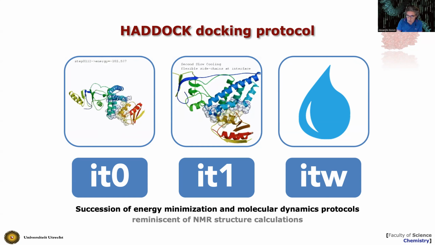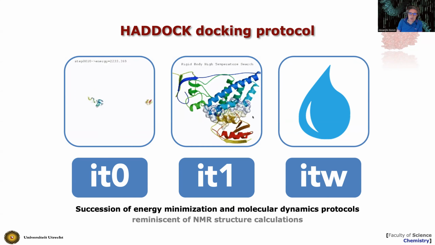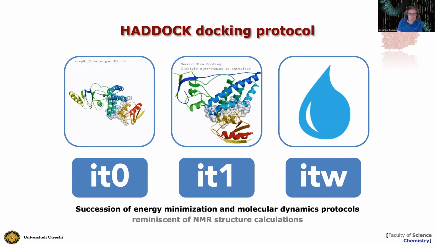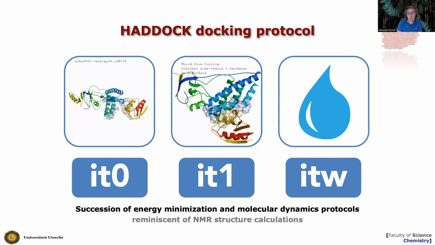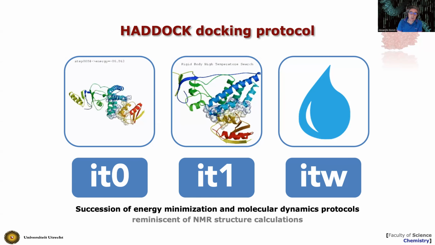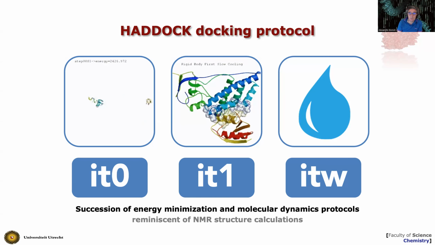If the movie comes over fine enough, you will see that the side chains at the interface of those complexes start to move. We are now doing molecular dynamics simulation, simulating the evolution of the system as a function of time, given the energy function that describes all the interactions. In this way, we can introduce small conformational changes between the molecules. That's the refinement stage of ad hoc.